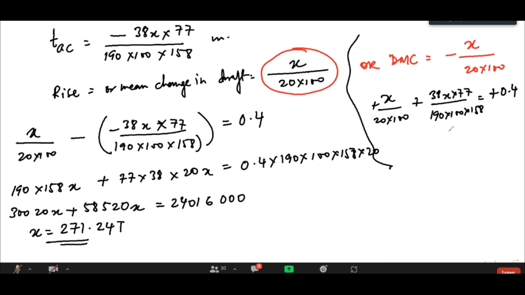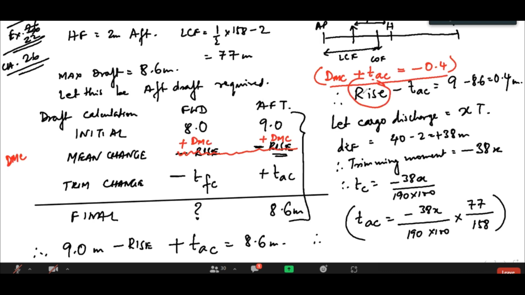Any doubts on this? Because this is very very critical. ये minus sign क्यों हम इसमें ऐसा लिए, क्यों हम उसमें वैसा लिए? This is very critical. एक बार फिर से बता दीजिए DMC वाला. DMC wala, this is what we used here. If I use DMC, that is the change of mean draft is equal to DMC, then we say that 9 meters plus DMC plus TSC is equal to 8.6.